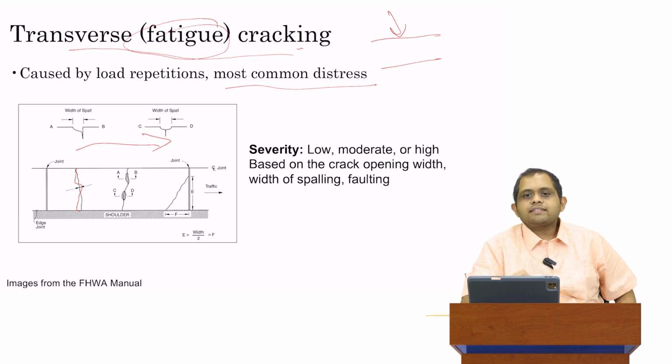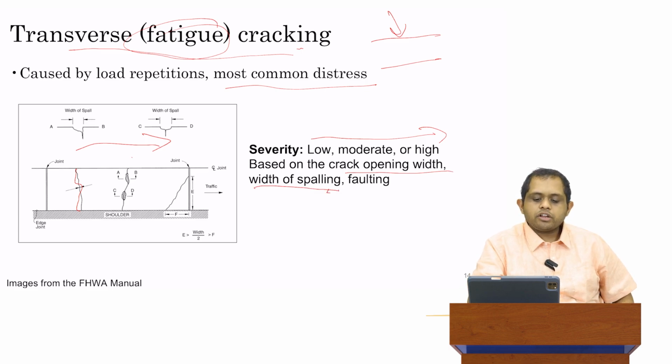Similar to the corner cracks and the other phenomena that we've seen, we would also like to classify the severity of the crack after we've identified it. And here again, the severity can go from low to high. Now, the severity is characterized identically to longitudinal cracking. That is, it is based on crack opening width. How wide is the crack? Based on the width of spalling.